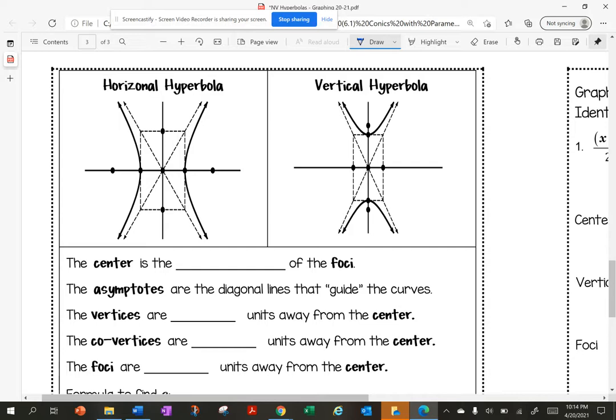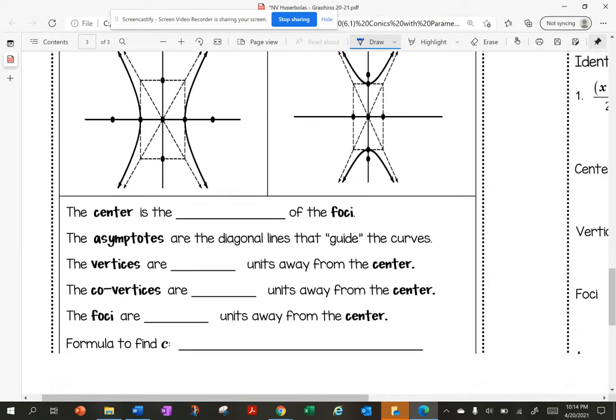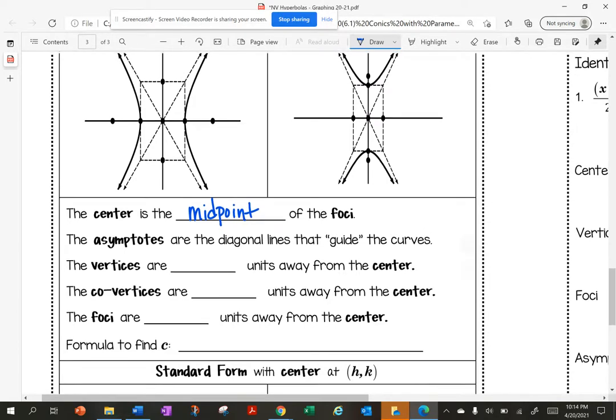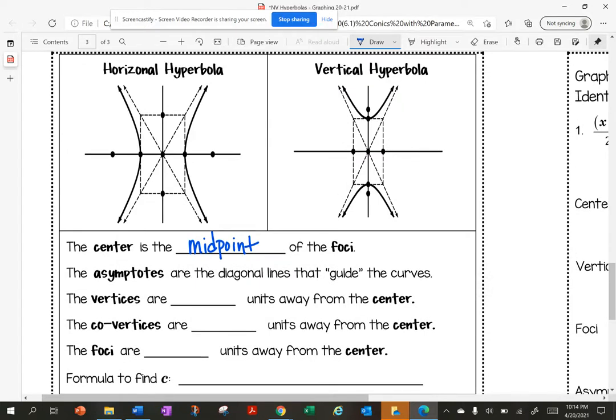So the center is at the midpoint of the foci. Okay, the asymptotes are the diagonals that guide the curves. The vertices are plus or minus a units from the center. So here are my vertices.